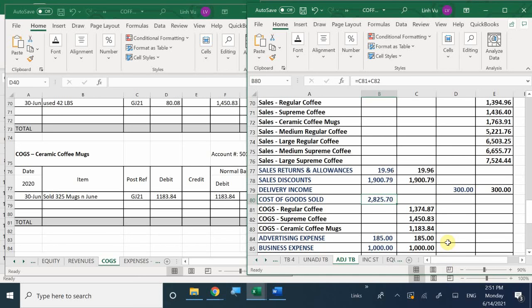Cost of goods sold is now going to have 4,009.54. Hold on, I added too much. What did you get, Nicole? 4,009.54. Okay.